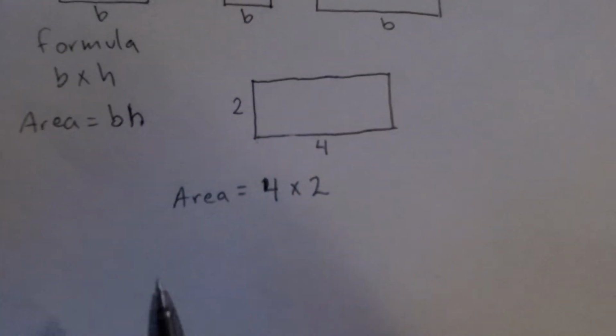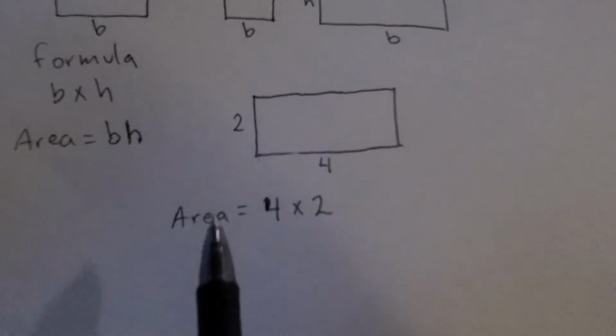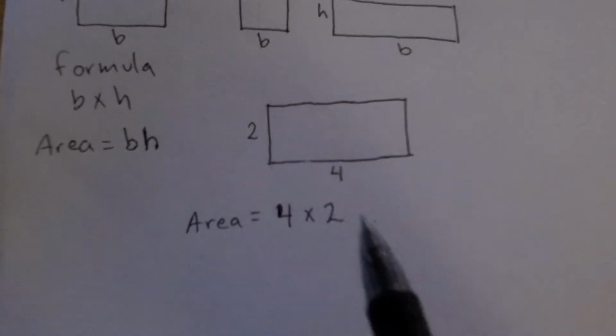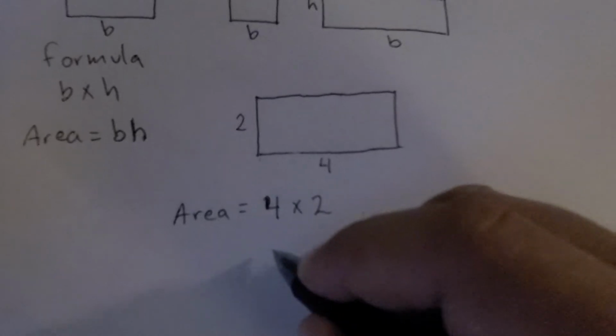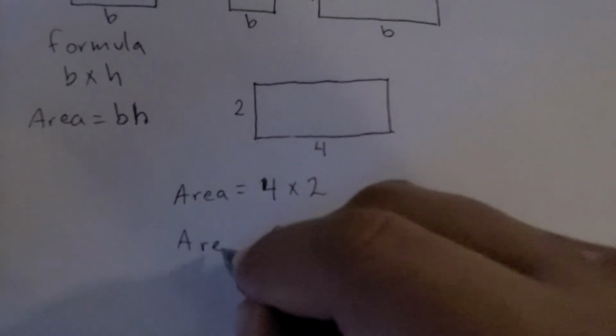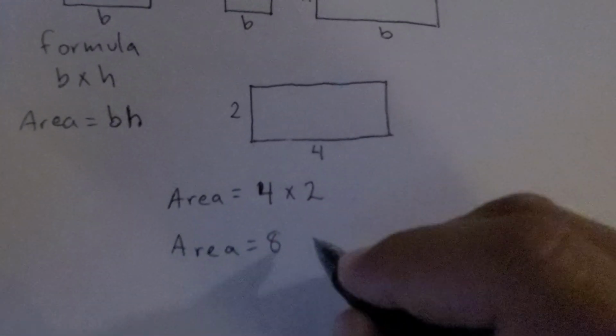Now, you can put it backwards if you want to. It doesn't really affect the answer, because 4 times 2 is the same thing as 2 times 4. So 4 times 2 is 8. So our area for this rectangle is 8.